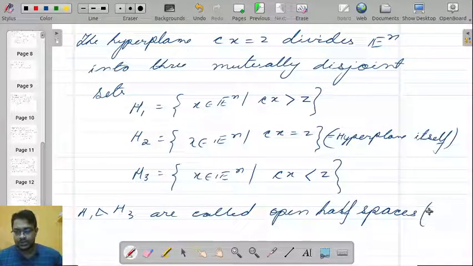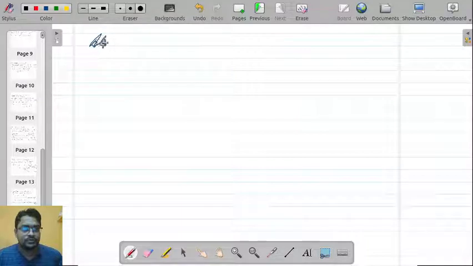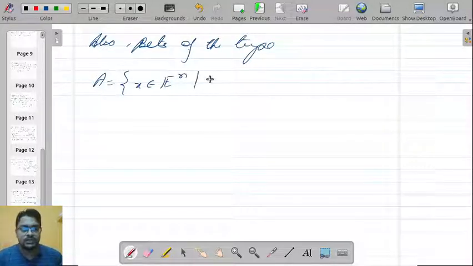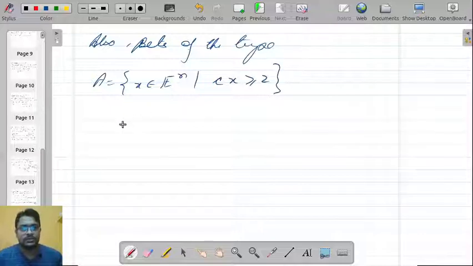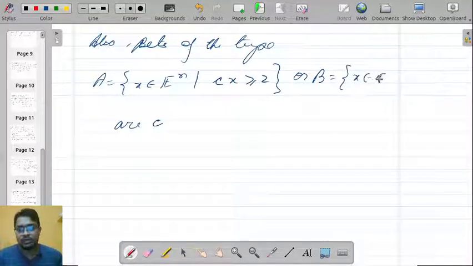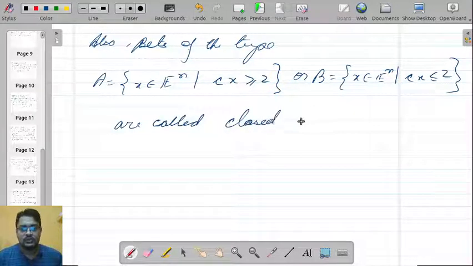Open half spaces, right and left. And if we have point sets of the type A equal to the set of all those x in E to the power n such that Cx is greater than or equal to z, or B equal to the set of all those x in E to the power n such that Cx is less than or equal to z, these are called closed half spaces.